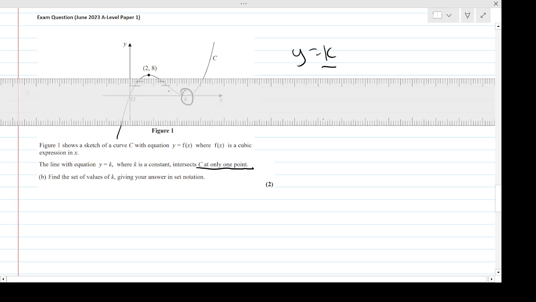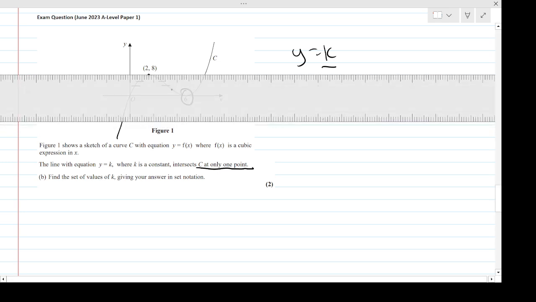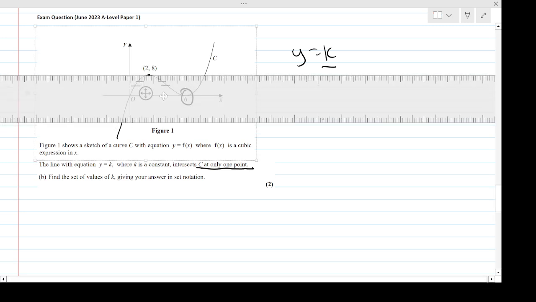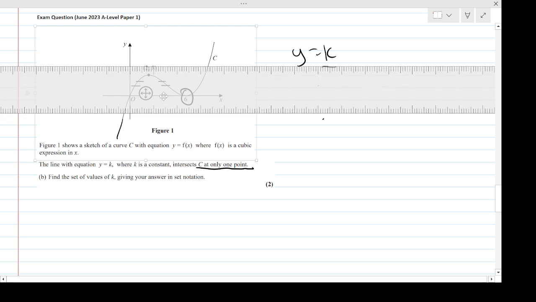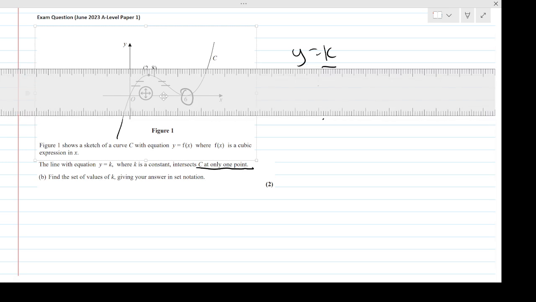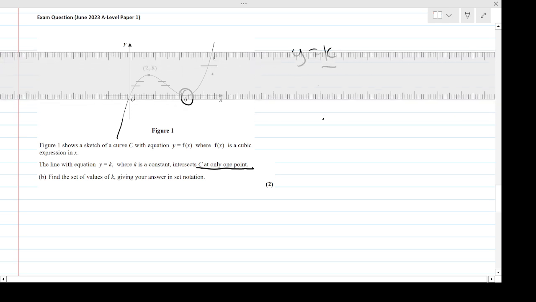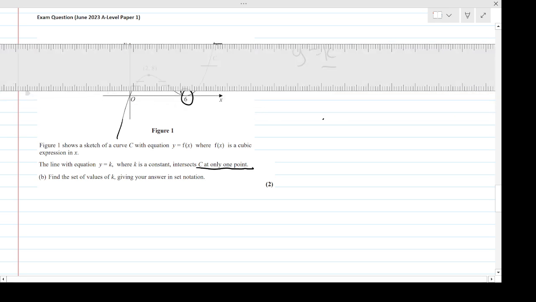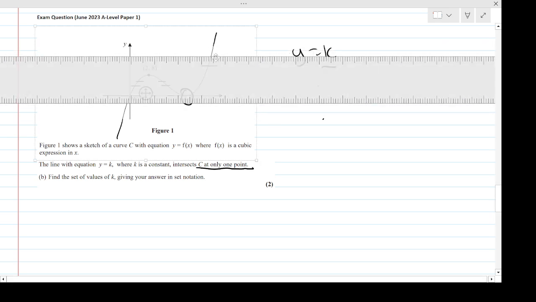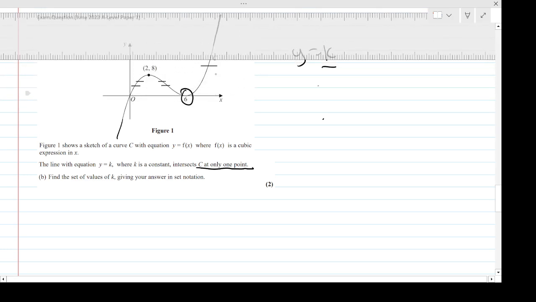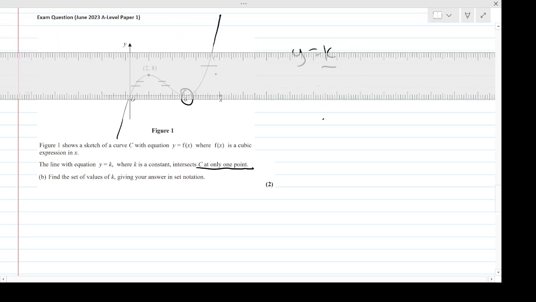Always 2 intersections until it reaches this other point here, 2, 8. And then after we move from here, it only has one crossover with the curve again, on this area of the curve. And if this curve extends up, like when we go down, it's going to keep only having one point of intersection.